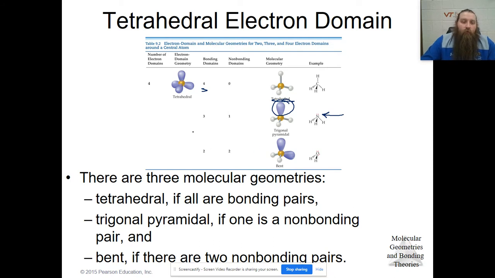And if you have 4 electron domains and you have 2 non-bonding regions, like water, then you are bent, okay? So tetrahedral shape, and this is important, this shape is the same shape in all of these molecules, right? That tetrahedral shape.